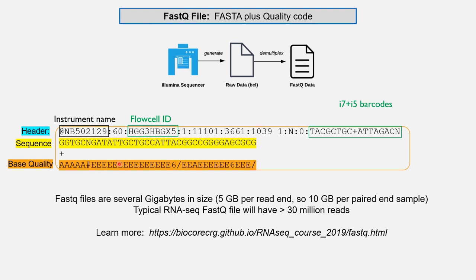These files are typically several gigabytes in size, since a typical RNA-Seq library will have more than 30 million reads. They can be opened in a text editor, but they're really too large to be efficiently handled in that way. FASTQ files are usually what are required for depositing genomic data in a public repository.